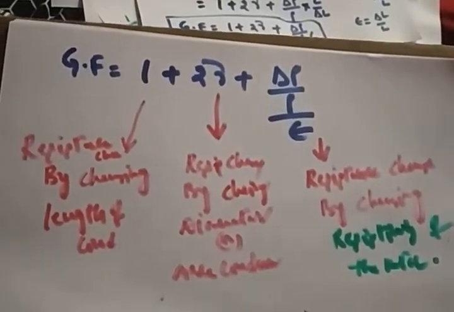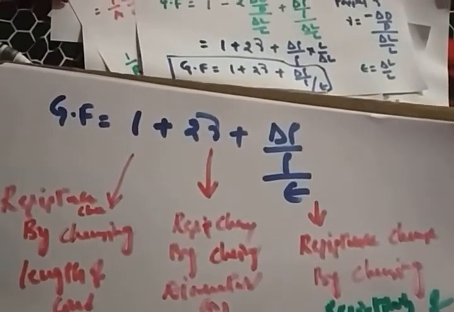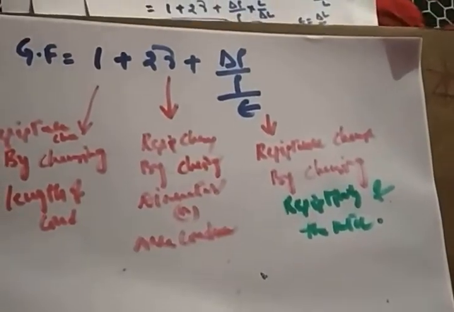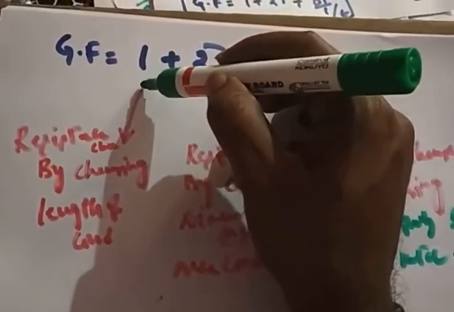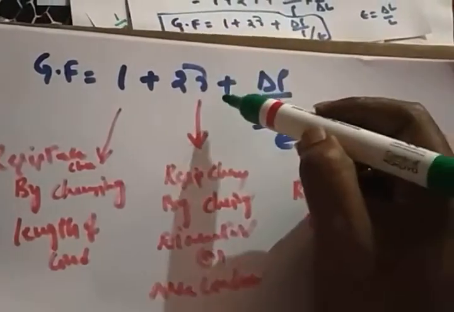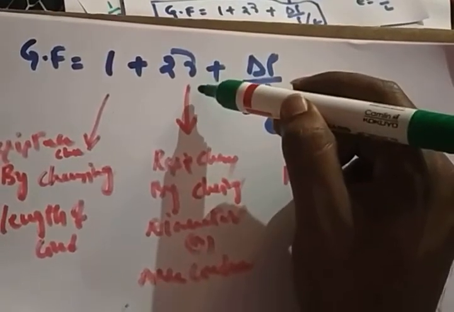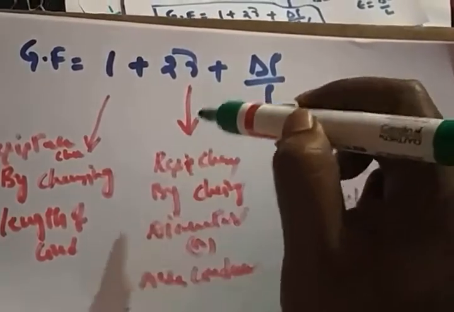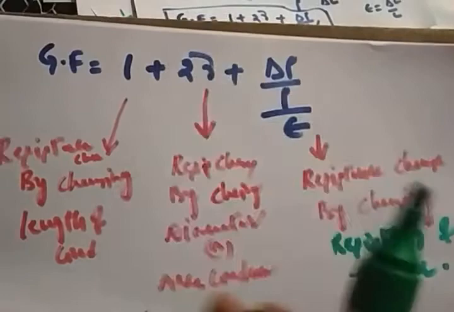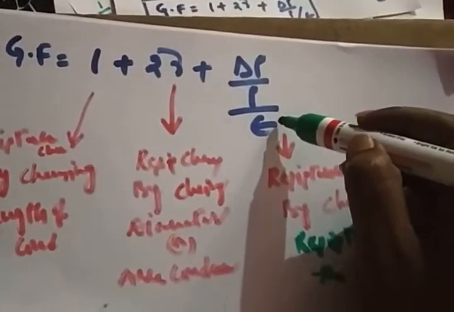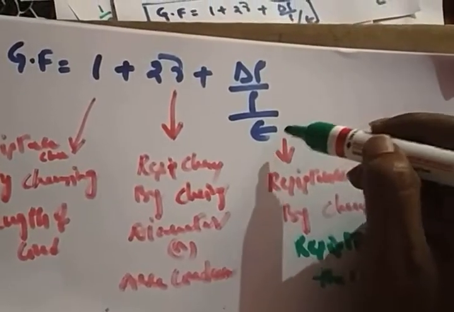So whatever the gauge factor that you are finding means total how much the resistance is changing in the strain gauge. The 1 term represents the change in resistance by changing the length of the conductor. The 2 gamma term represents the change in resistance by changing the diameter or cross sectional area of the conductor, and this we can consider as the resistivity effect.